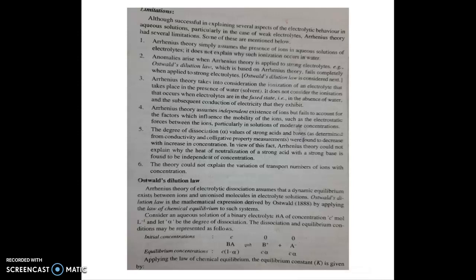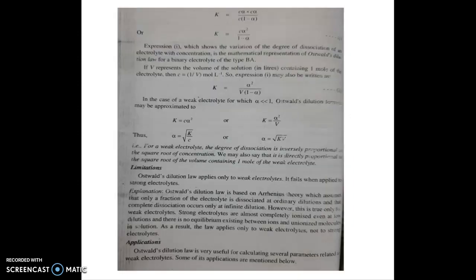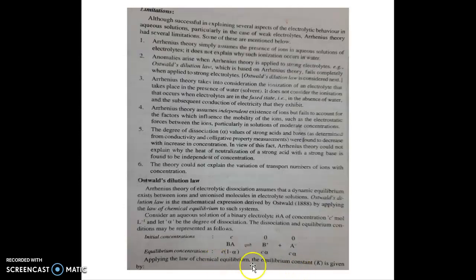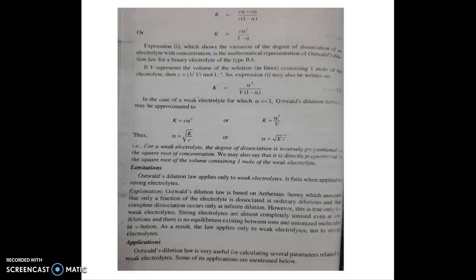The equilibrium constant is the ratio of the product of the concentrations of products to the product of the concentrations of reactants. So the concentration of products is C alpha into C alpha, divided by the concentration of reactant, that is C into 1 minus alpha.